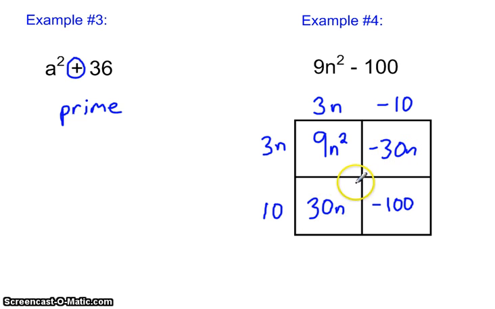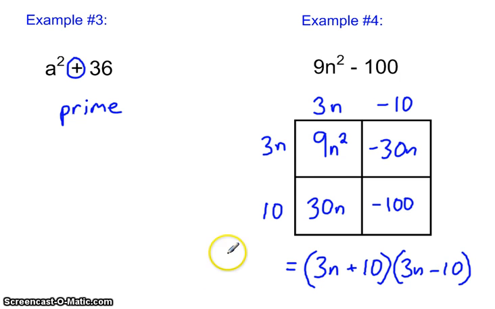These two terms cancel out to 0, leaving us with just 9n squared minus 100. So factored form for this is 3n plus 10, 3n minus 10. What's nice about the window method is the check is already built in. You can just look at it and check it.